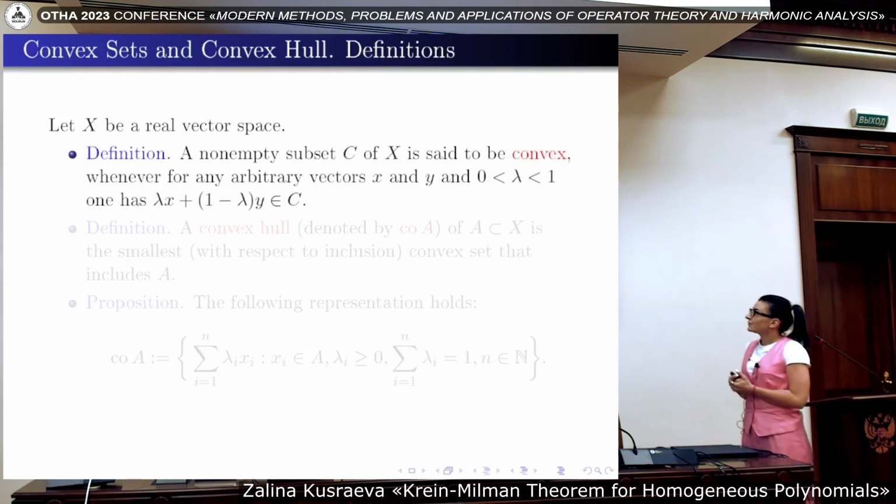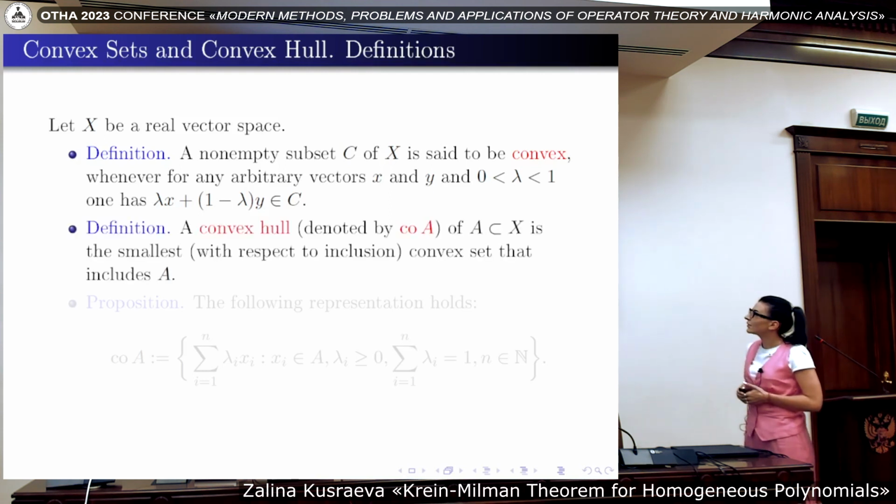So let X be a real vector space, and a non-empty subset C of this set is said to be convex whenever for two points of this set, there is an interval which is entirely included in C. The straight definition is on the slide.